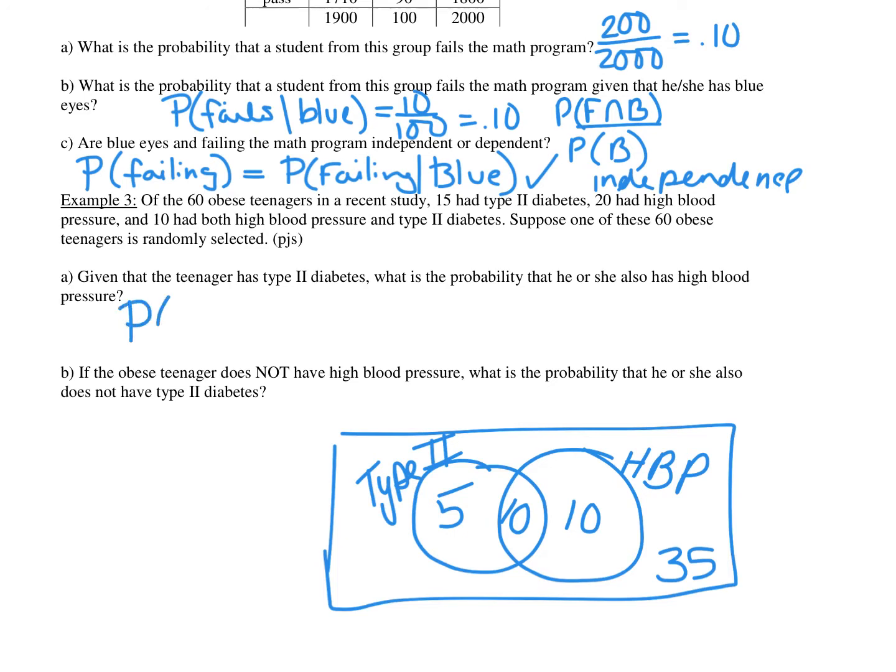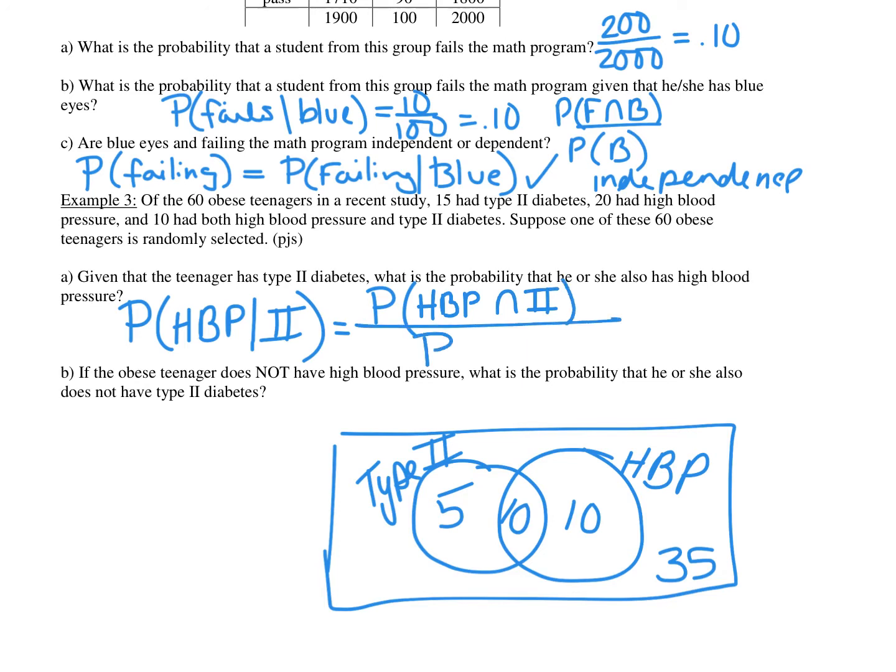So it's saying, what's the probability of high blood pressure given that they have type 2 diabetes? Okay, so I'm using some shorthand notation. So that's equal to the probability, using your formula from your formula sheet, probability of the intersection of the two, divided by the probability of the second one, so type 2.